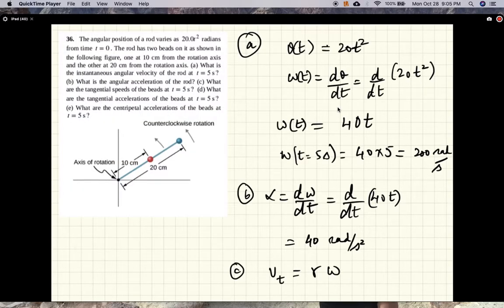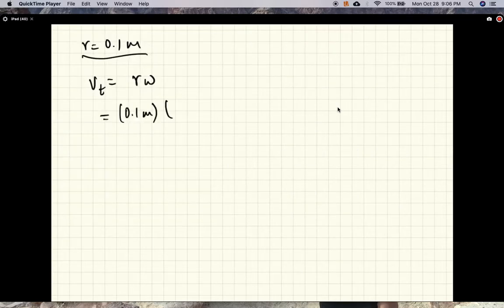For the bead at 10 centimeters, r equal to 0.1 meter, the tangential speed is rω, which is 0.1 meters times, at t equal to 5 seconds, ω is 200 radians per second. So this works out to 20 meters per second.